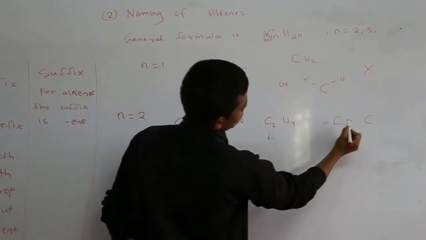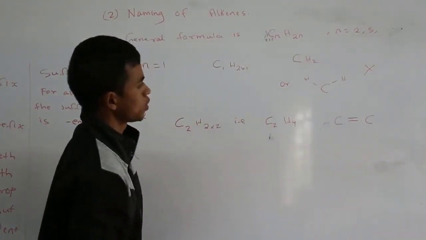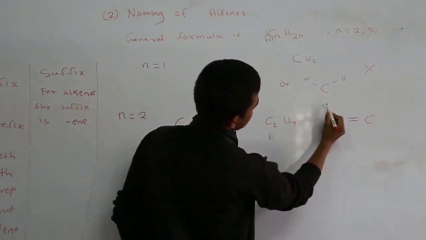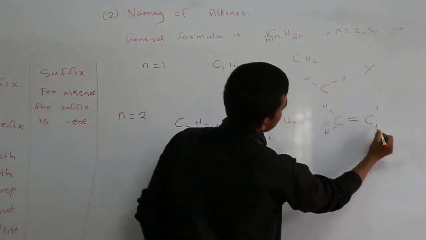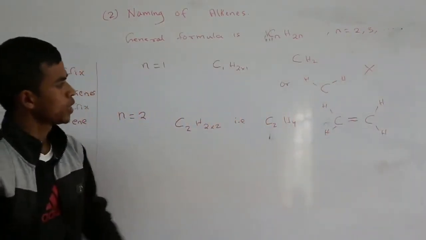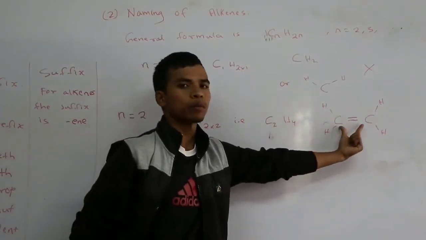So the carbon atoms are linked together by a double covalent bond, and these are the remaining valencies. The hydrogen will satisfy that. So in this case, we have this hydrocarbon with 2 carbon atoms.